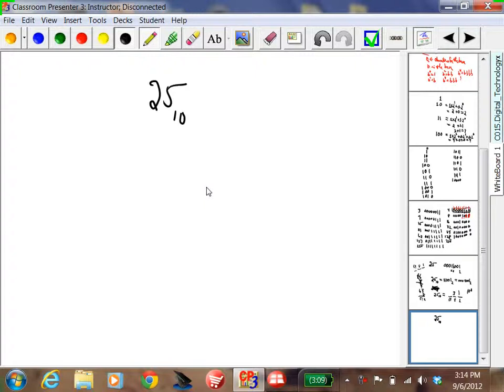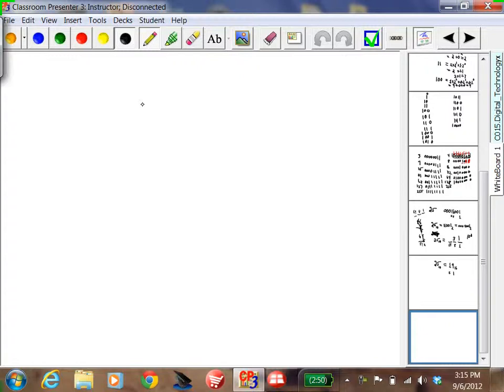19. 25 in decimal would be 19 to the base 16. This would be 9 times 1 plus 1 times 16, right? 16 plus 9, 25. Let me give you an even harder one.